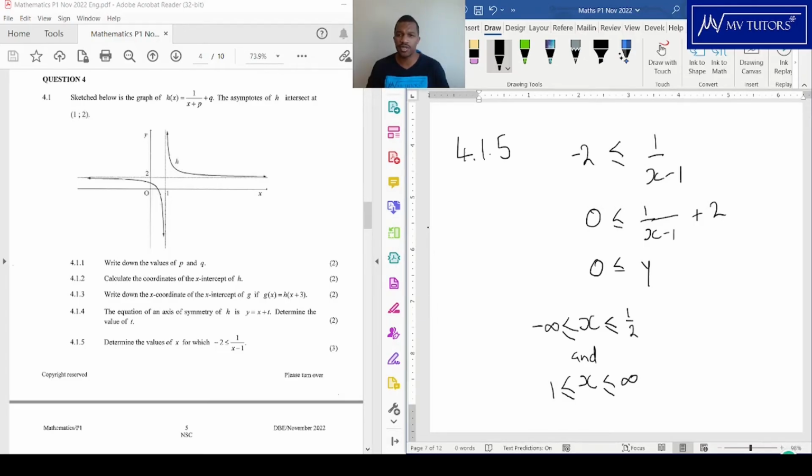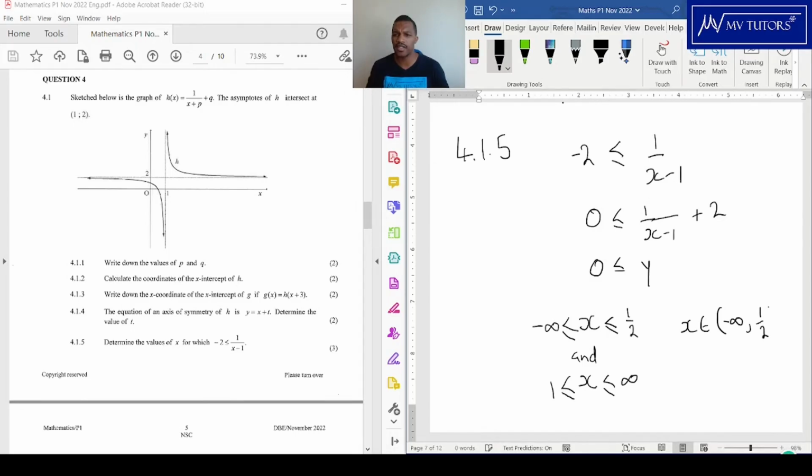If I'm to rewrite this, I want to say values of x is an element, starting from negative infinity to a half.